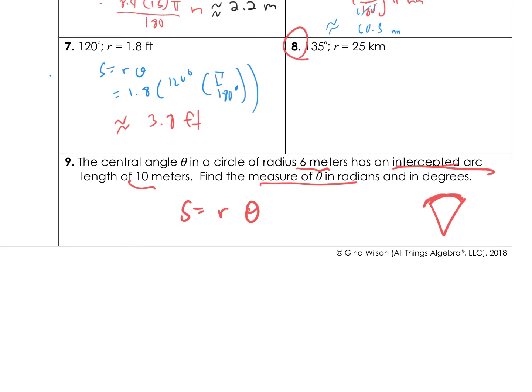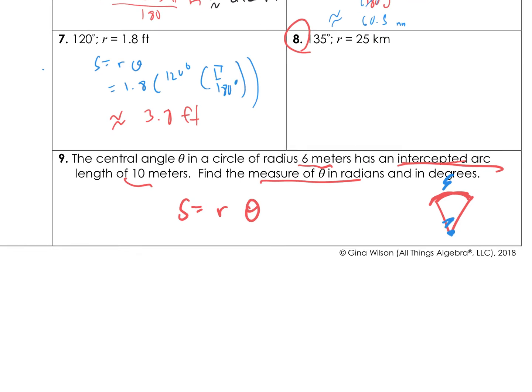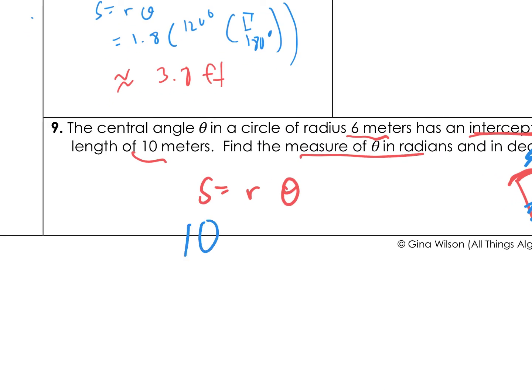And this is called a central angle right here. That's the one that's connected to the center of the circle. Get it? Central angle, center of a circle. So he's already given me the S as 10 meters. So it's 10 meters equals the radius, 6 meters, times theta.